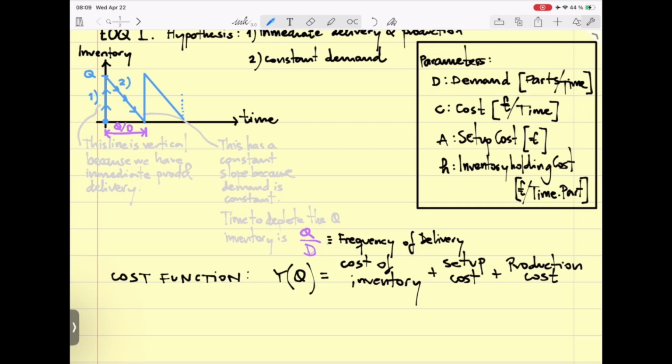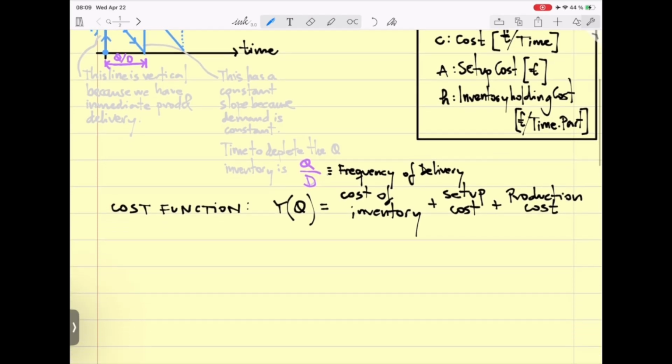Good. So how does this work mathematically? Let's paint again some graphic. This is the time. This is the cost function as a function of Q. Okay.